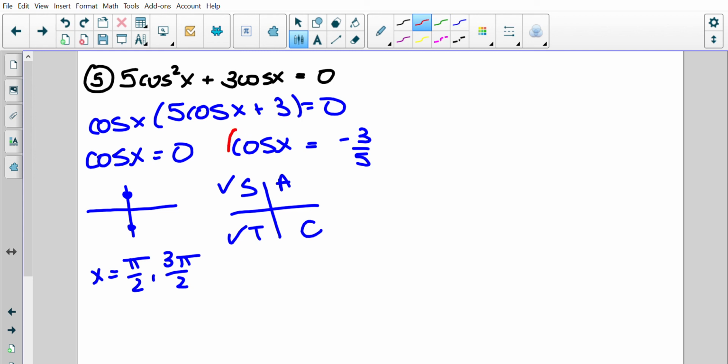But just remember that when you go to take inverse cosine, make sure your calculator's in radian mode. And when you go to inverse cosine, you are not including the negative here, right? The negative just told us that we're in quads 2 and 3. But when I actually go to do it in the calculator, I'm just doing inverse cosine of positive 3/5. So I'm going to switch over to my calculator here. And again, I know you can't see this, but I'll voice through what you should be typing in.